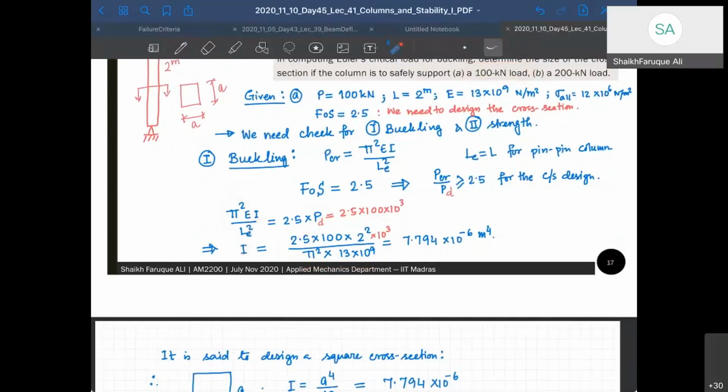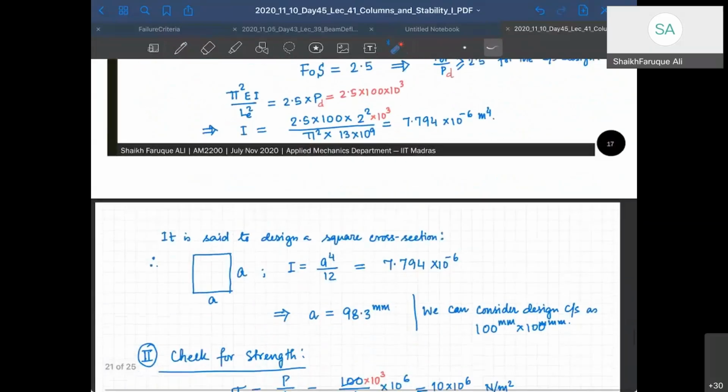What you have to do now, you have to calculate for a square cross section, it is told. So if it is a square cross section, I can write I is equal to a to the power 4 by 12, and then I can calculate for a, which comes out to be 98.3. So I cannot take any value of cross section which is lesser than 98.3, but I can always consider a greater value, right?